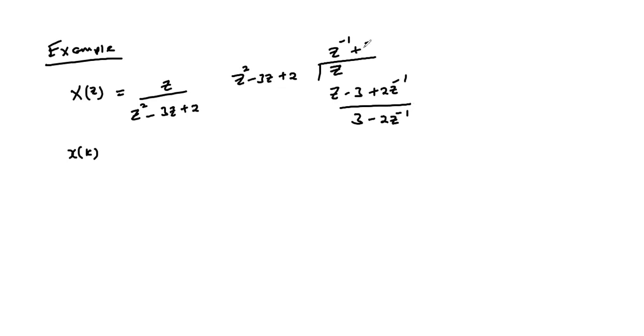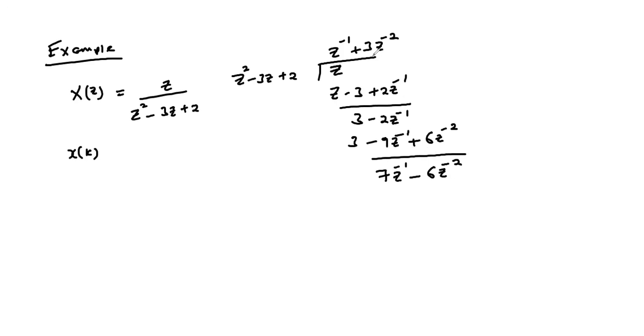Next, we multiply this by 3z power minus 2 to get 3 minus 9z power minus 1 plus 6z power minus 2. Again, upon subtraction, we'll get 7z power minus 1 minus 6z power minus 2.